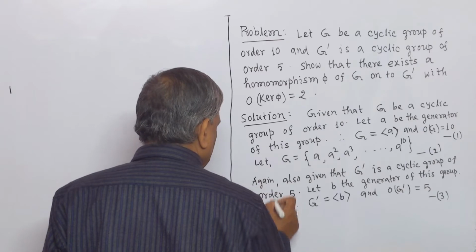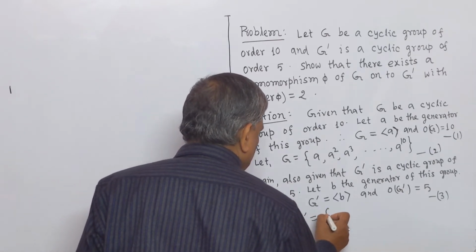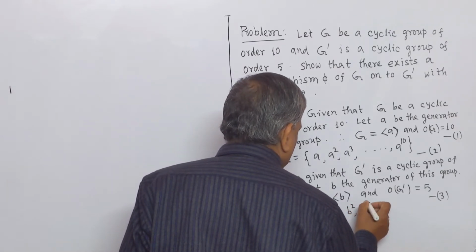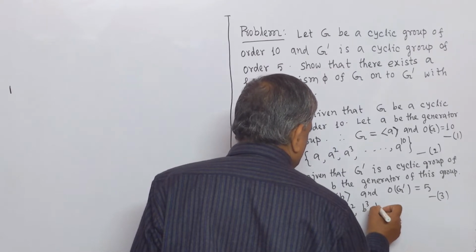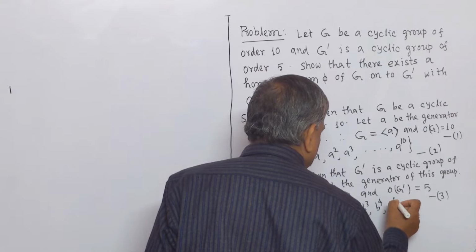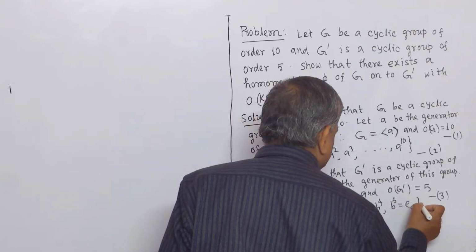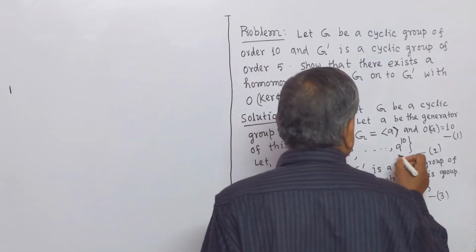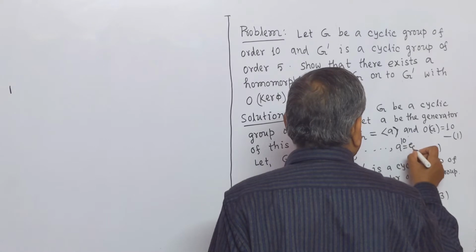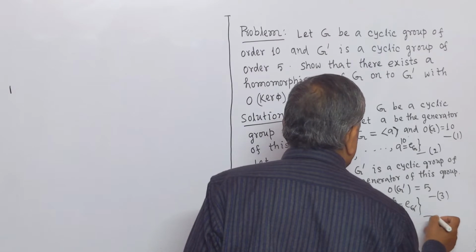Let G prime equal to B, B square, B cube, B to the power 4, B to the power 5 equal to identity element of G prime. Here also A to the power 10 equal to identity element of group G. Let this is number 4.